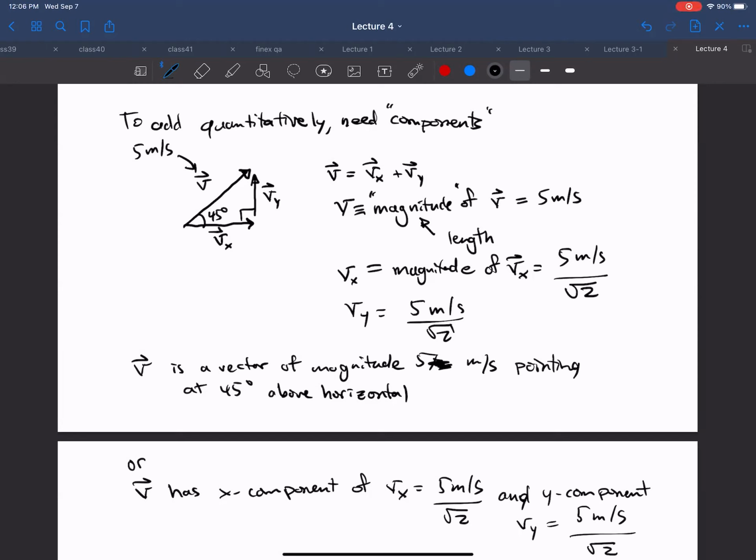I would call the first way of specifying the vector the polar method, and the second way the Cartesian method of specifying the vector.